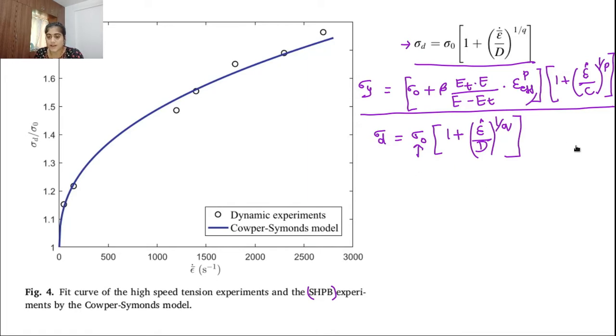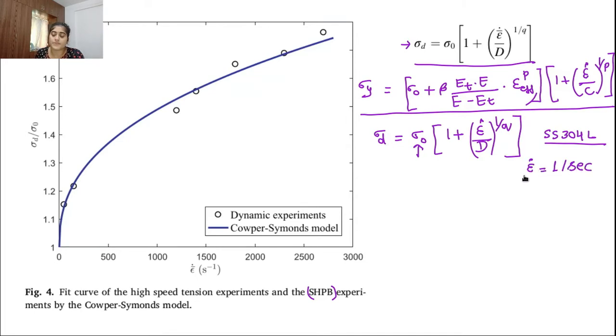Suppose one specimen is there, you are using some material, suppose SS304L, and you have to find this static yield stress. How can you find it? You can take a very low reference strain rate. Suppose you take 1 per second as the reference strain rate.